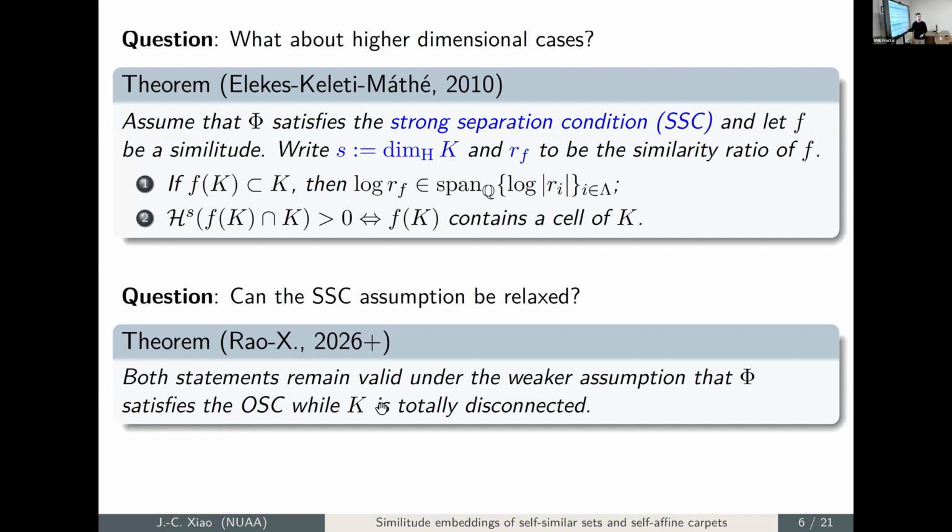The proof is a little bit trickier than yours, but in the very essential sense, they are the same. So do you also have the gap result? Yeah, we have the gap. The gap result was actually proved by Xiangyang Wang and another author. They used the weak separation condition together with total disconnectedness. That one is the key to the proof.